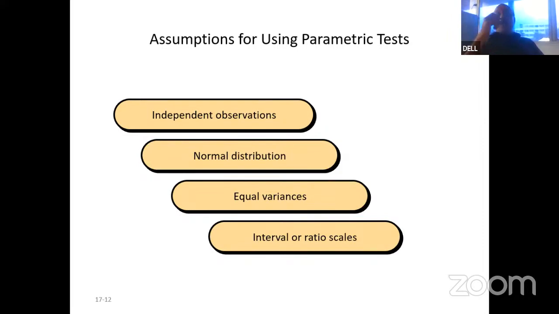Once you are selecting that sample independently and identically distributed, obviously those samples have the characteristics of the normal distribution.